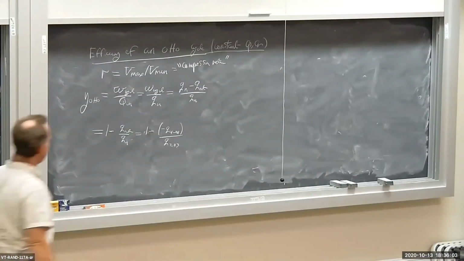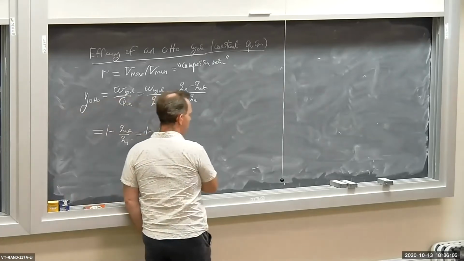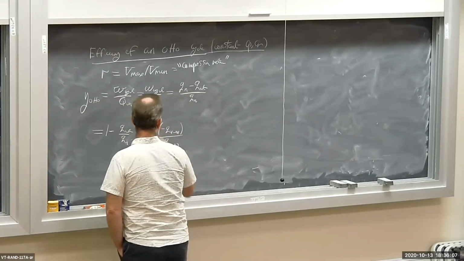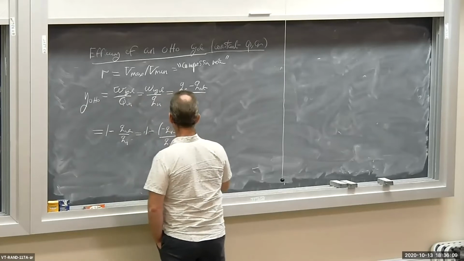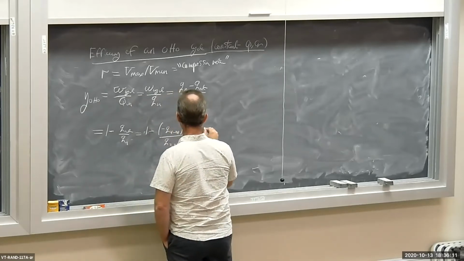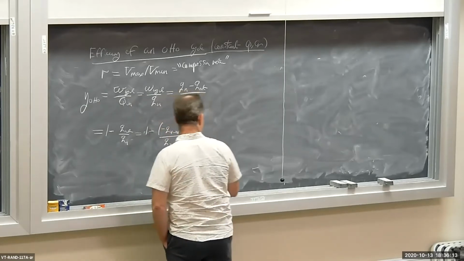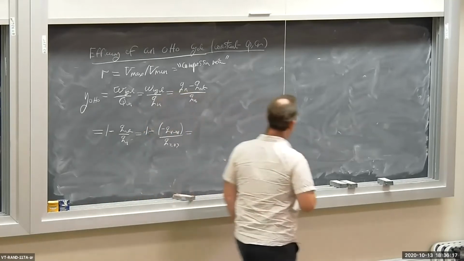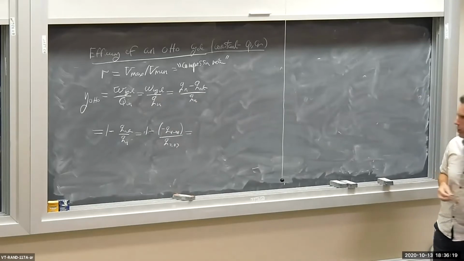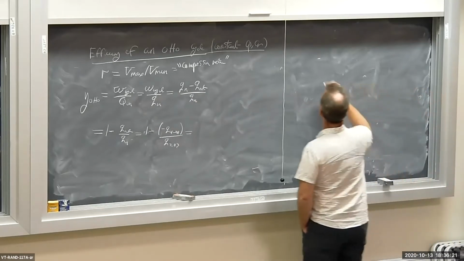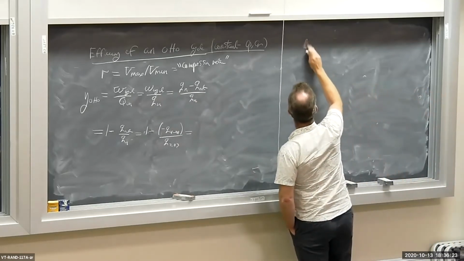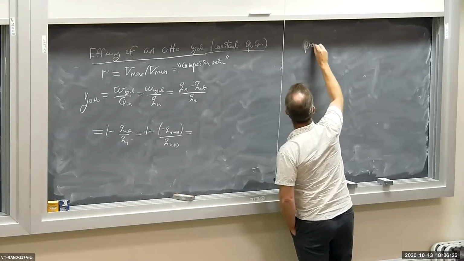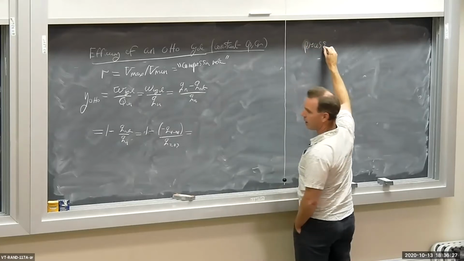Okay, so I need to figure out what these heat transfers are. If you like, I'll distribute the negative sign. No, I'll leave it exactly the way it is. So we need to find these heat transfers, q 2 to 3 and q 4 to 1. Let's look at process 2 to 3.